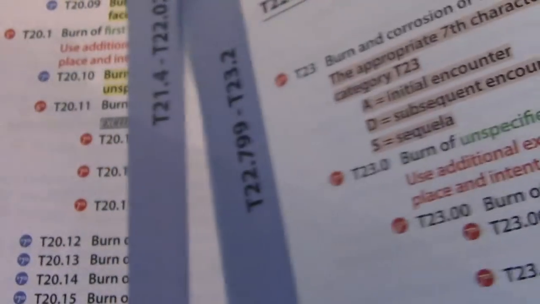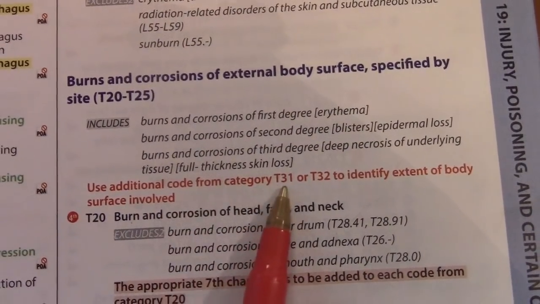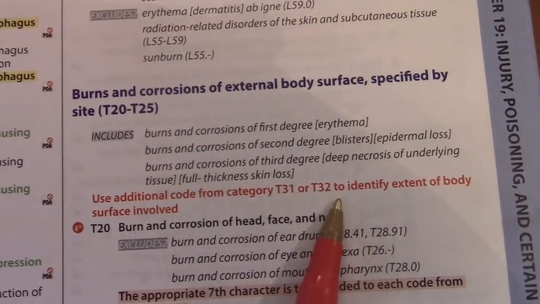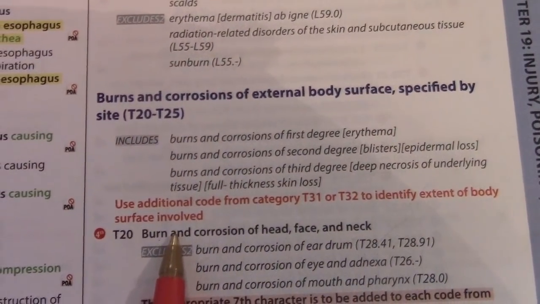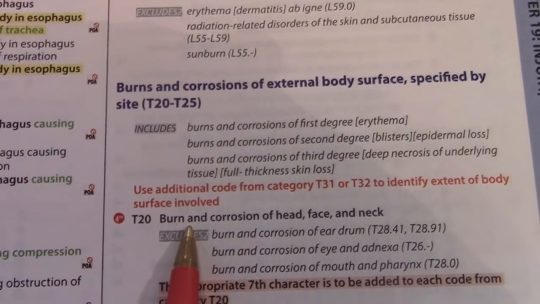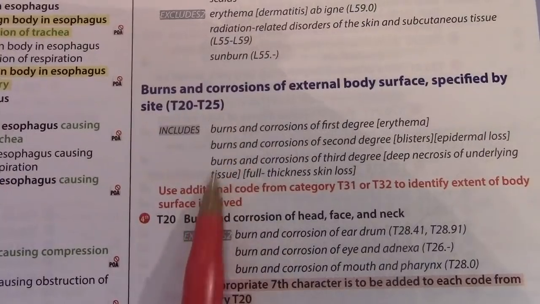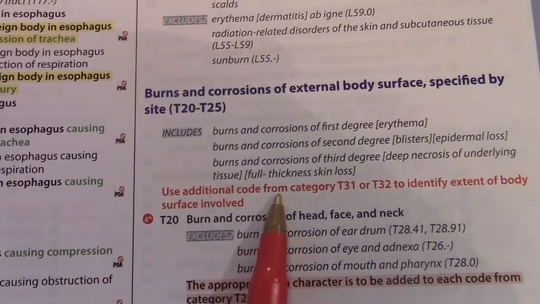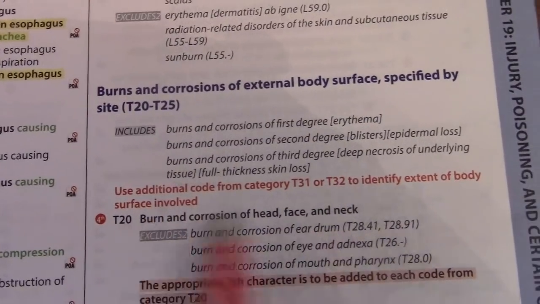But I happen to remember, and you guys got to make a note of this in your mental block, that there is an additional code that says use additional code from category T31 or T32 to identify the extent of the body surface involved. Okay? So for categories T20 through T25, you also need to identify the extent of the body surface involved.